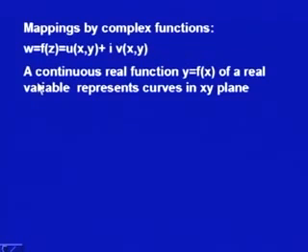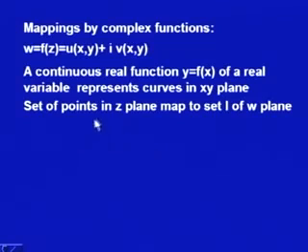But when we take a continuous real function y is equal to f(x) of a real variable, then we know that it represents a curve in the xy plane. So we want to see how curves in the z plane will map to curves in the w plane. So a set of points in the z plane maps to a set I of the w plane.